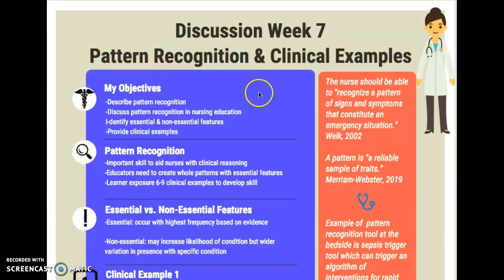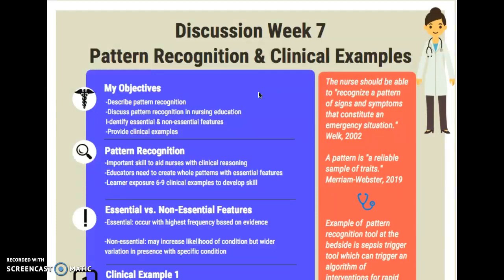So to start, I wanted to talk about what pattern recognition is, and in doing so, I looked up the definition of pattern in the Everyday Merriam-Webster Dictionary from 2019. And the simplest, most straightforward definition was that a pattern is a reliable sample of traits.